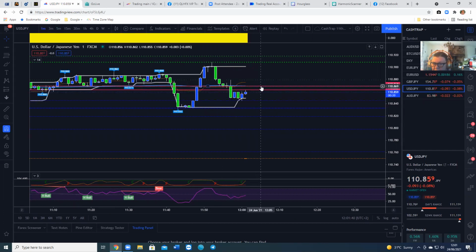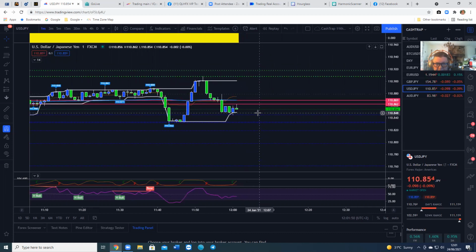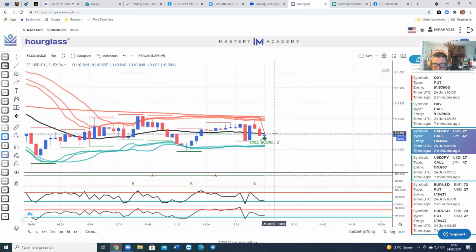That upper line 869. So a 15-minute put off 869 would probably be what I would be thinking about doing. Is it going to get up to 869 again though? That's back up here. And our midline's at 852.